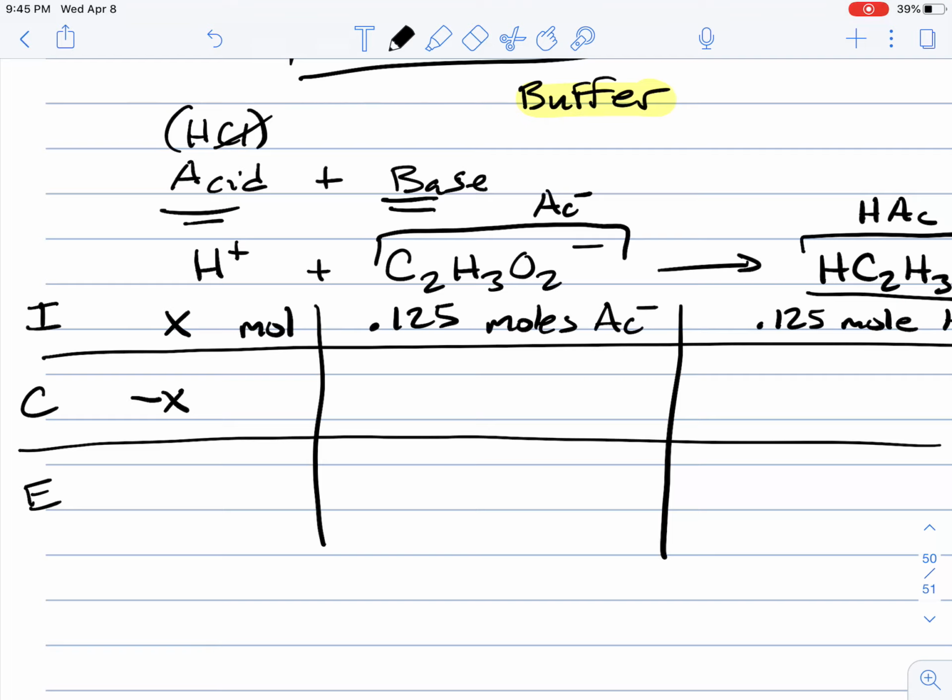And so we're not going to have any hydrogen ions at equilibrium. So this is going to be minus x, and this is going to be 0.125 minus x. And this is going to represent the moles of our acetate.